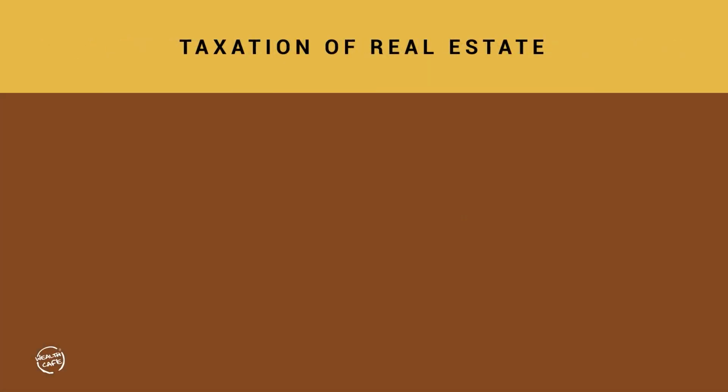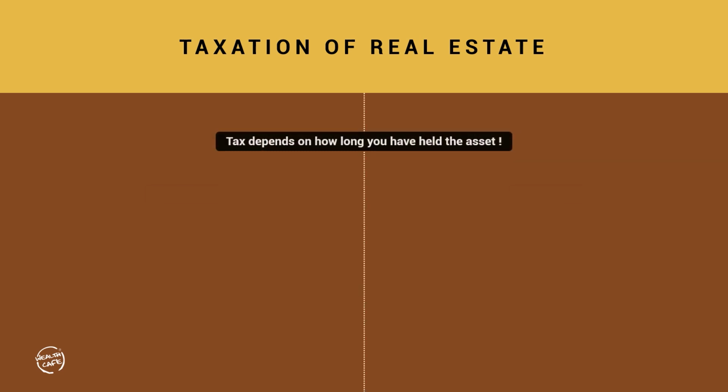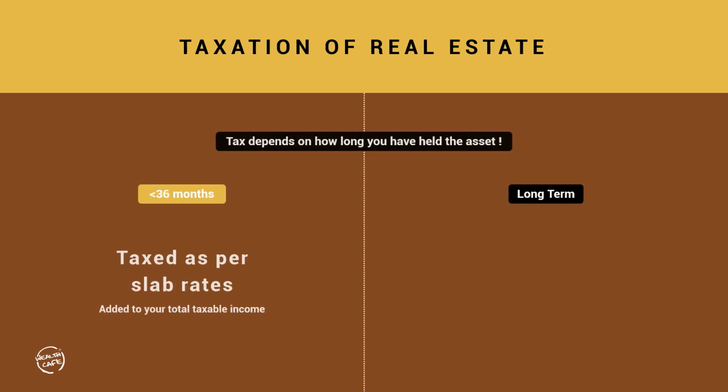The price appreciation portion of your real estate investment is taxed differently and is a function of how long you've held the property. If you hold a property for less than 36 months, it is considered a short-term capital gain, and the total gains that you make are added to your income and taxed as per your slab rate.